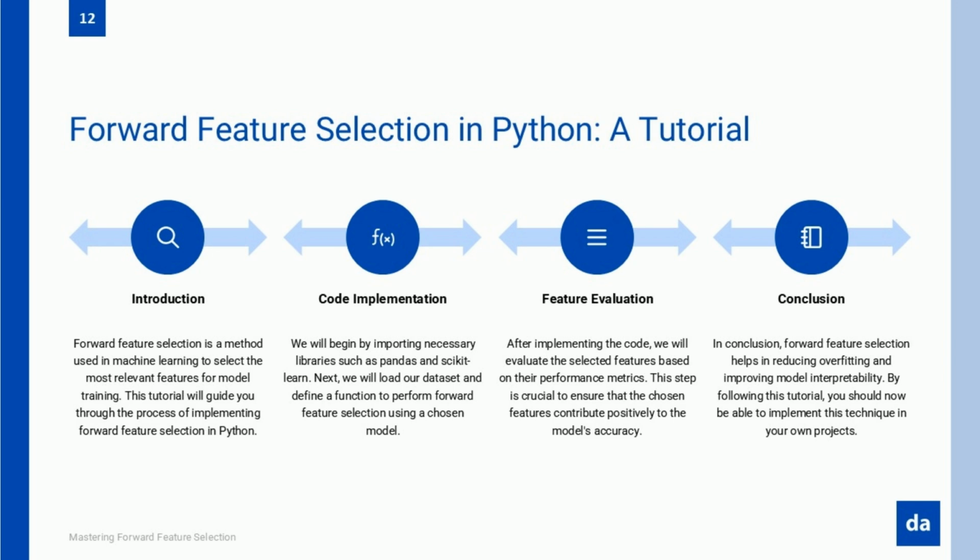This is how we take a bloated, inefficient model and turn it into something lean, fast, and accurate. No wasted computation, no unnecessary complexity, just a model that actually makes sense. But if you're not working in Python, don't worry, this method works in R too. Let's take a look at how to implement forward feature selection using R next.